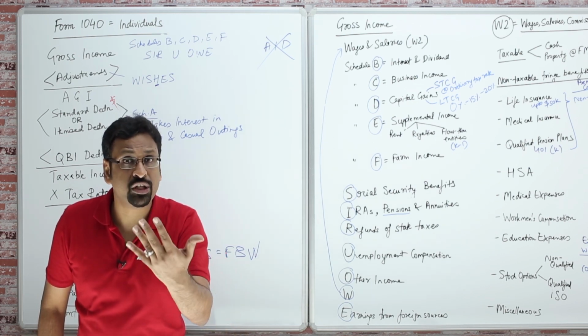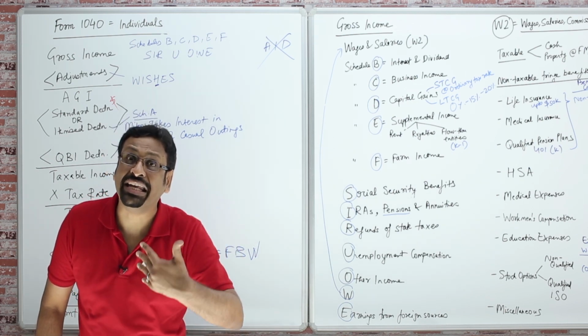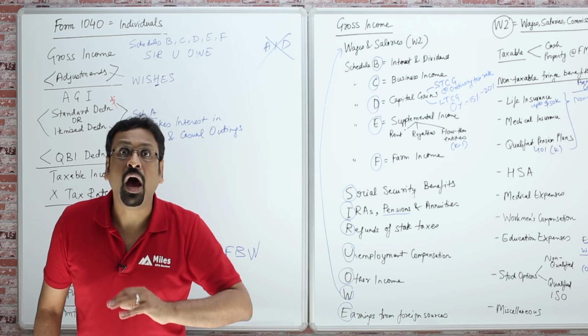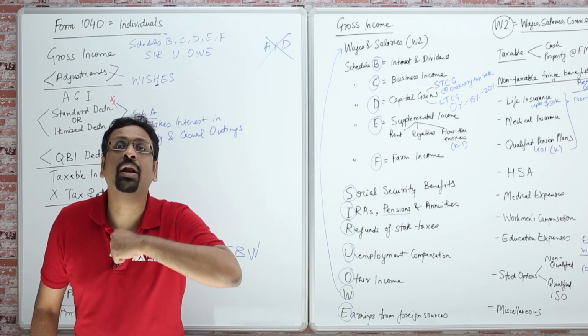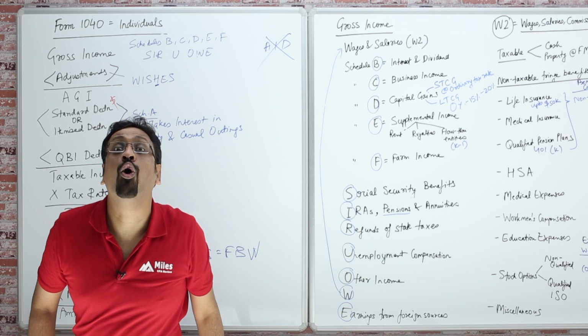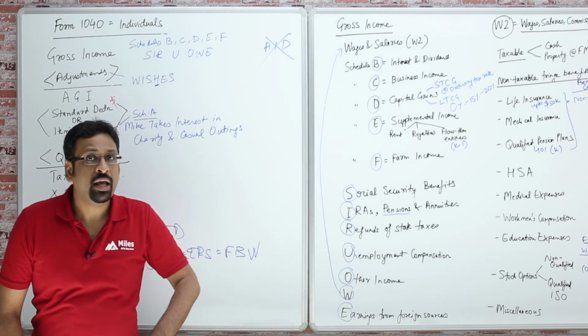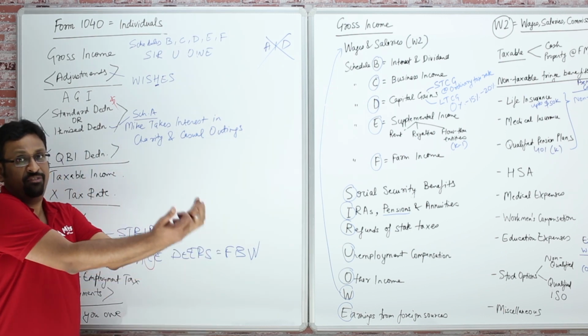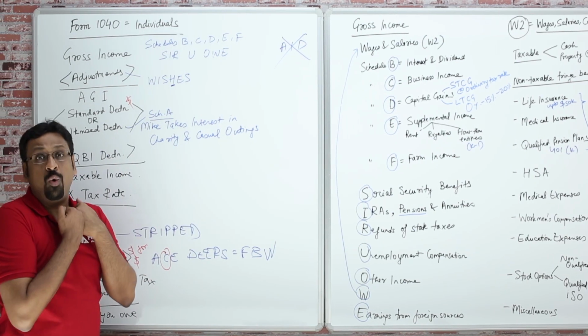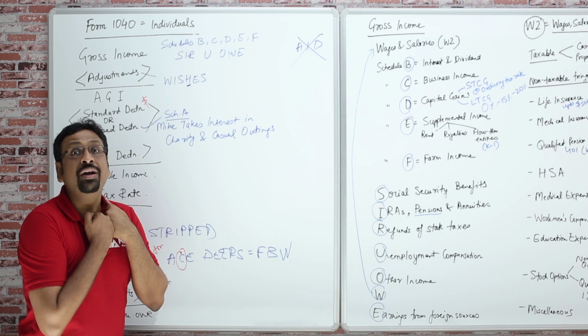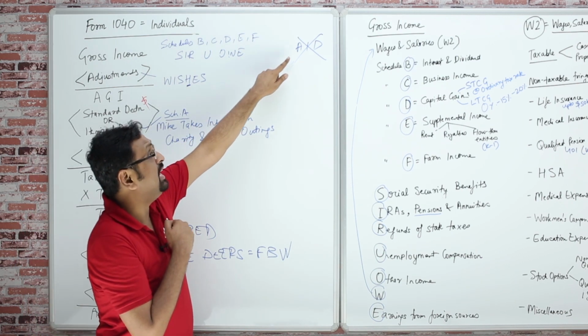So all divorces which happened 2019 and onwards, Uncle Sam has given a clean check to these divorced women, the ex-wives, such that all the alimony received by these ex-wives now is non-taxable income. That's the A of AID.